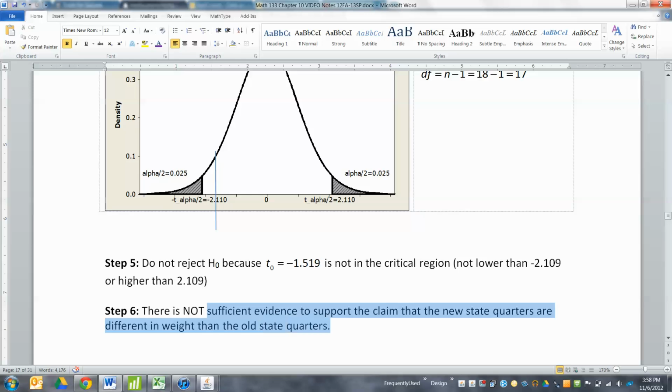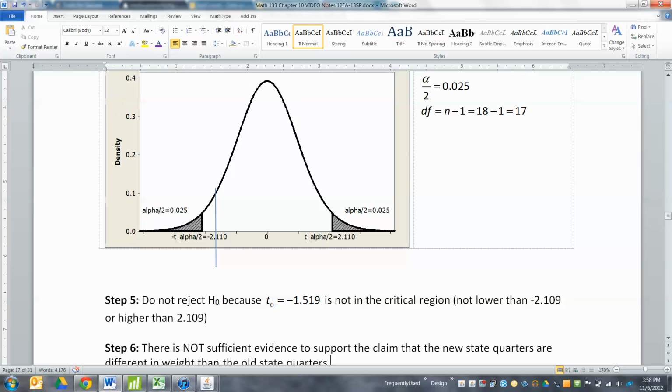So there is not sufficient evidence to support the claim that the new state quarters are different in weight than the old state quarters, because our negative 1.519 is not lower than negative 2.110, nor is it higher than positive 2.110.